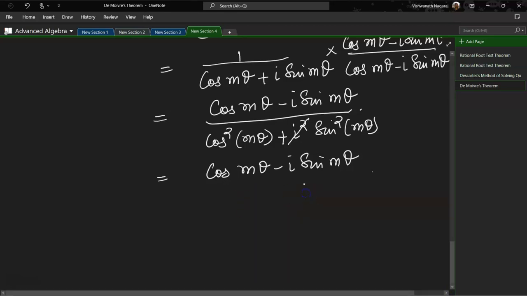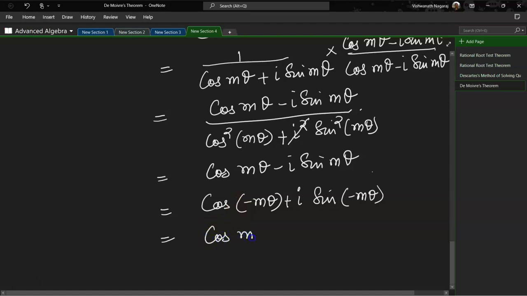So let's remove this. Remember, cos of minus m theta, its value doesn't change, whereas sin of minus m theta, its sign changes. So this becomes plus i. Got it? So minus m is what? Minus m is n.